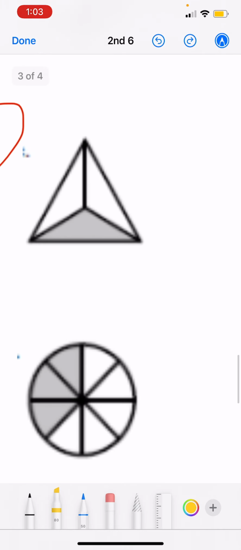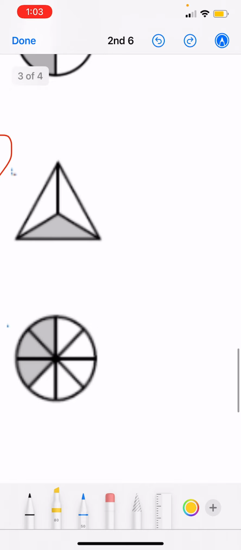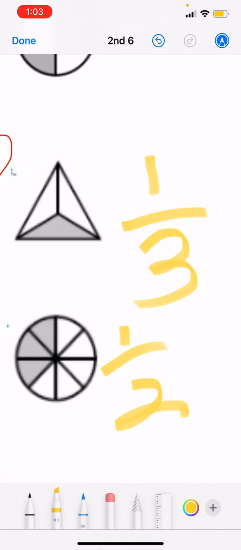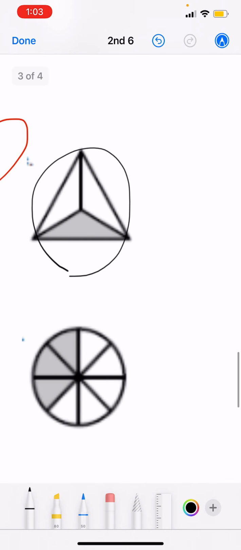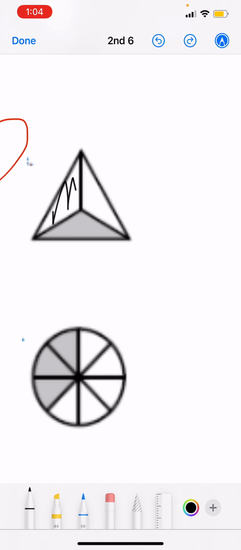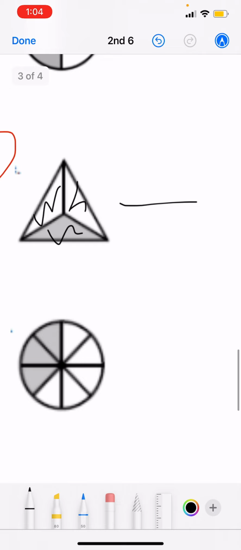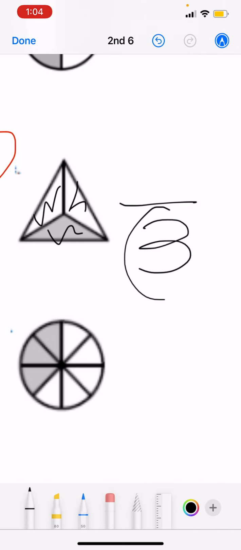And now they're asking for the fraction. So what do they mean by fraction? By the term fraction, obviously you guys know that it's going to be something like 1/3, 1/2, something like that, right? So in this triangle, there are 1, 2, 3. So because there are 3, you're going to write 3 in the denominator place. The reason for that is because the denominator place is usually for the total amount of something. And the total amount of shapes this triangle has is 1, 2, 3.